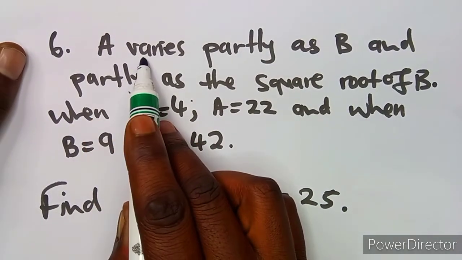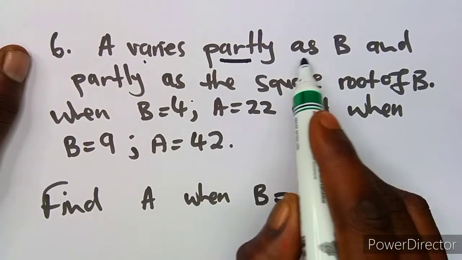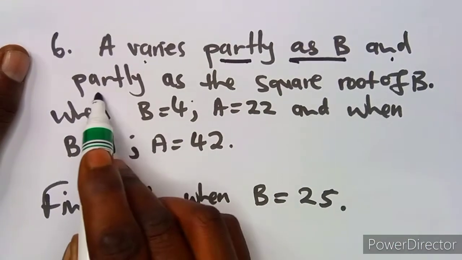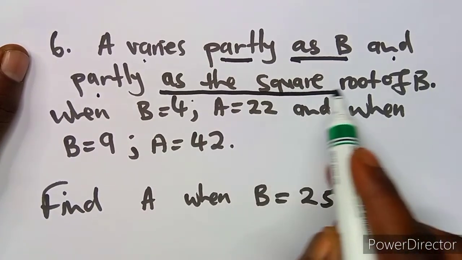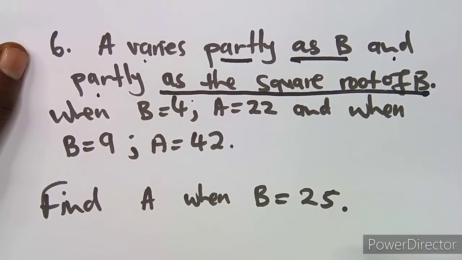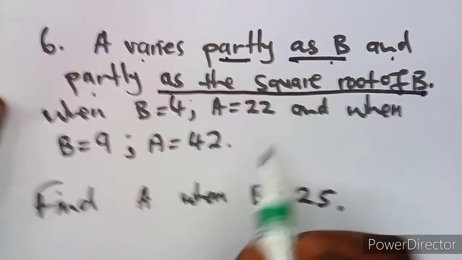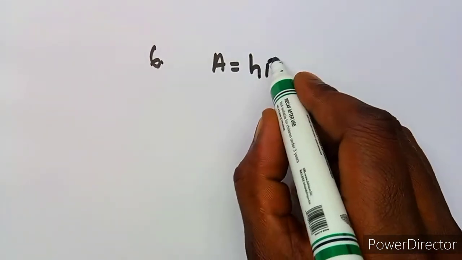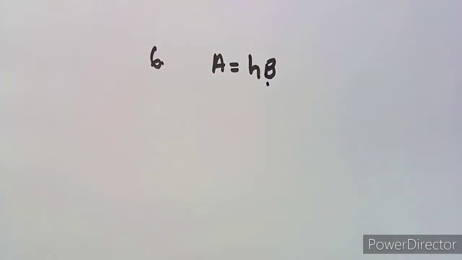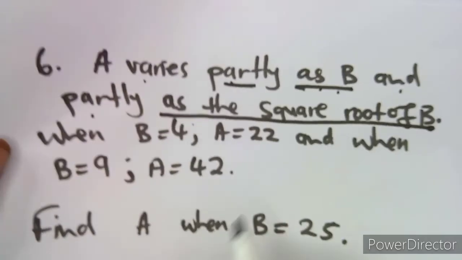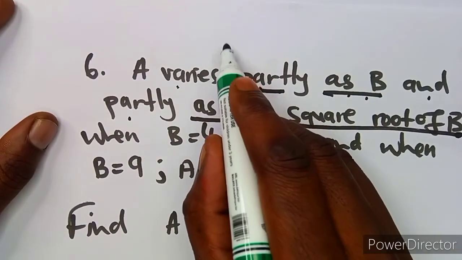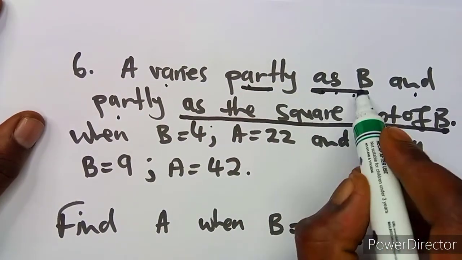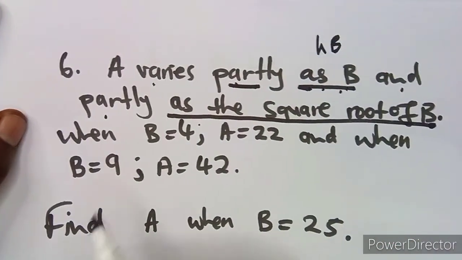Here it's a varies partly as b and partly as the square root of b. So take note, we've got partly as b. So okay, let's see what you're going to have. A is equal to, varies partly as b, so it's going to be a constant followed by the letter b. Take note, if it is partly constant, it's just going to be a constant only, but here it's as b, so it's a constant times b.